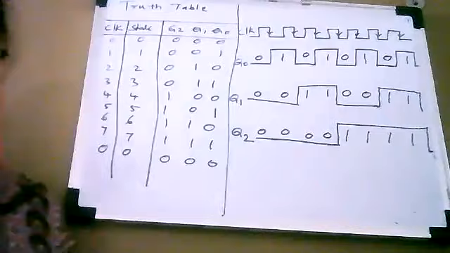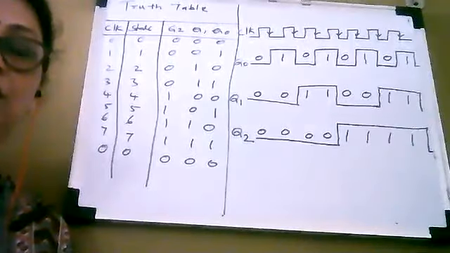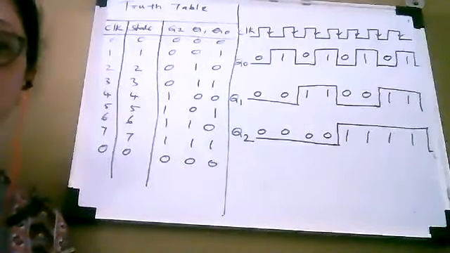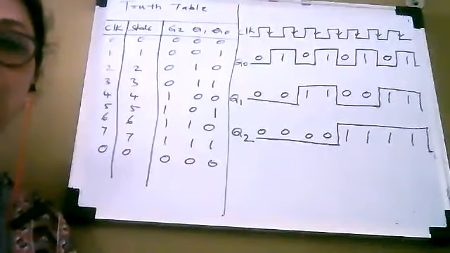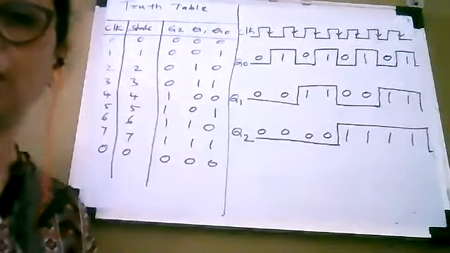If you have space, you can draw that 0, 0 waveform also. Take a screenshot of this truth table and waveform, and we will move to the next type of counter, that is the 3-bit synchronous down counter.